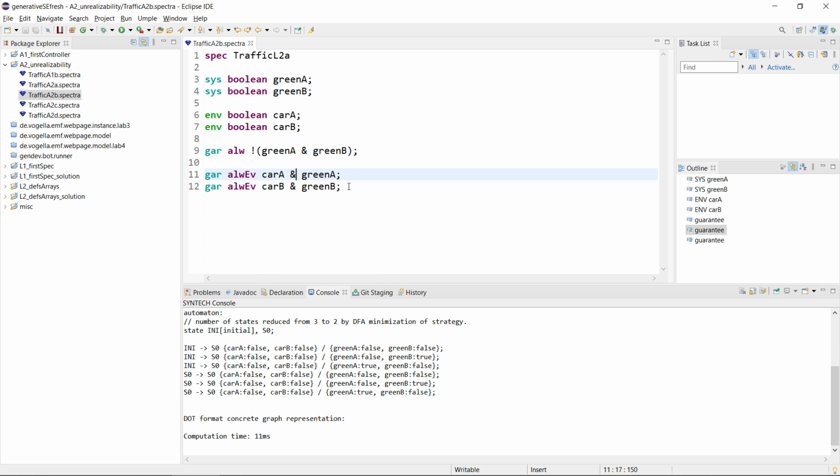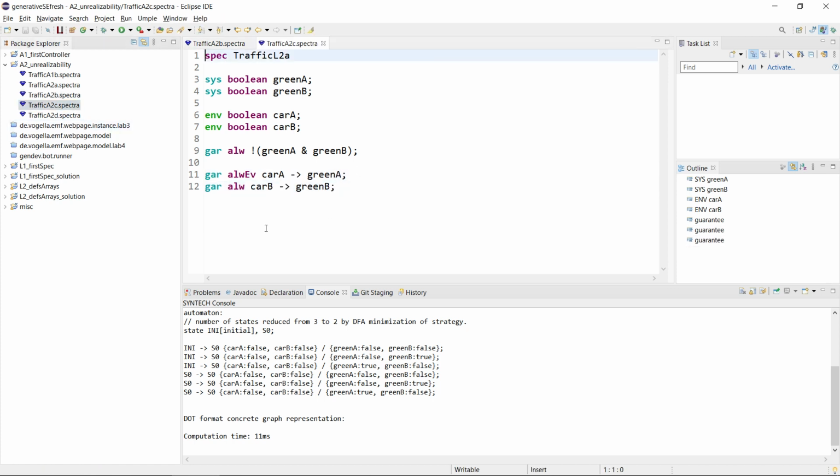But that's not the question right now. The question was to understand why it's unrealizable, and here it's unrealizable because there's no way we can satisfy this guarantee, and there's also no way we can satisfy this guarantee because there's simply no car coming.